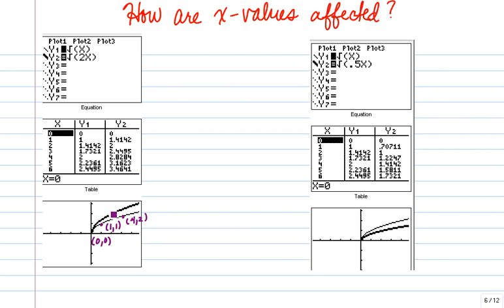Now, let's look at what happens on that transformed graph. I still have the point 0, 0. What I'm looking for here is, remember how the x values are changing, the y values are not changing whenever we're doing an inside change. So what I want to look at is what value of x produces the same y values that I had to begin with. Well, we know 1, 1 is here, but look at this.